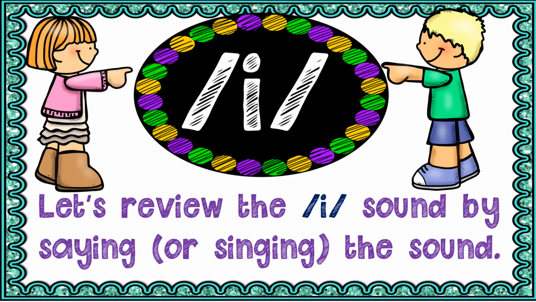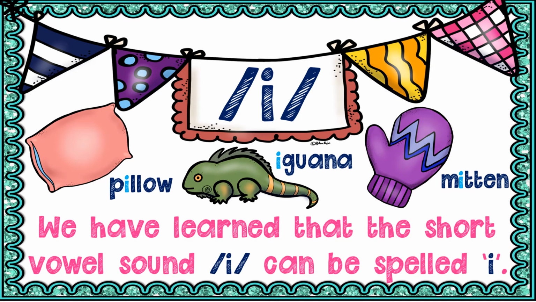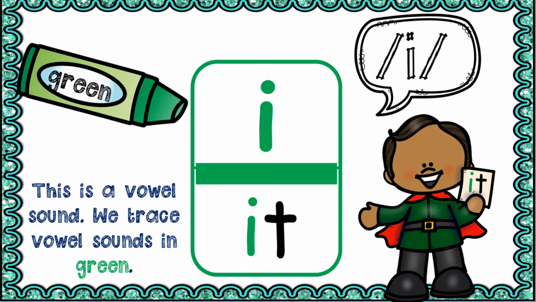Let's review the I sound by saying or singing the sound. Now we have learned the short I, which is I. It can be spelled I, pillow, iguana, mitten. This is our vowel I, our short vowel, which is the most frequent, like in it.